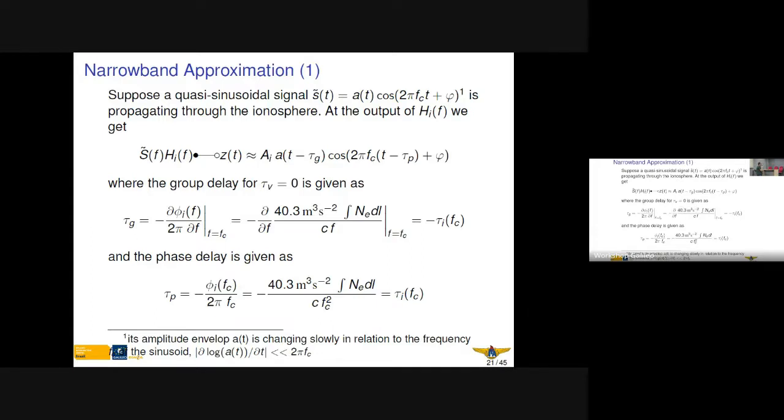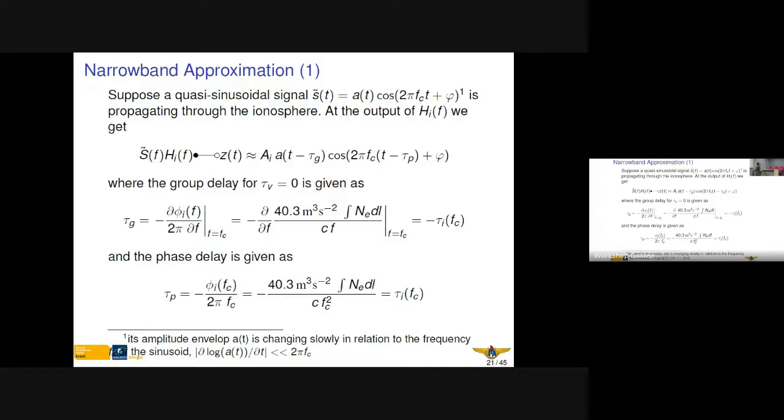This derivative with respect to f, if we apply the phase definition from beforehand, is minus 40.3 meters cubed per second squared, times the slant TEC divided by c f squared at f equals fc, and this is equivalent to minus tau I at the carrier frequency.